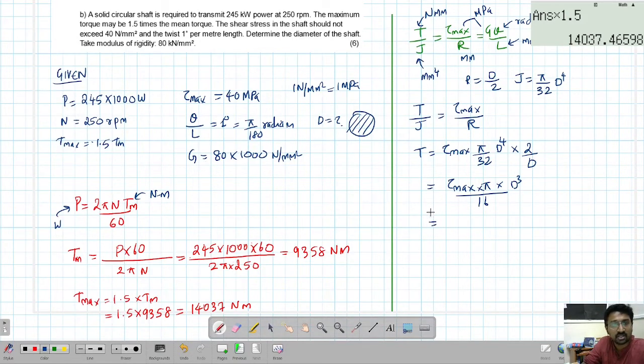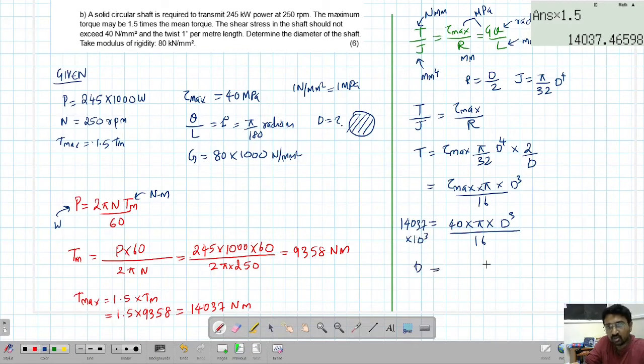Tau max is given as 40. Pi into D, we have to find the D cube divided by 16. So this should be equal to torsion. The torsion which we have found is 14037. Remember, it should be 14037 into 10 to the power 3.